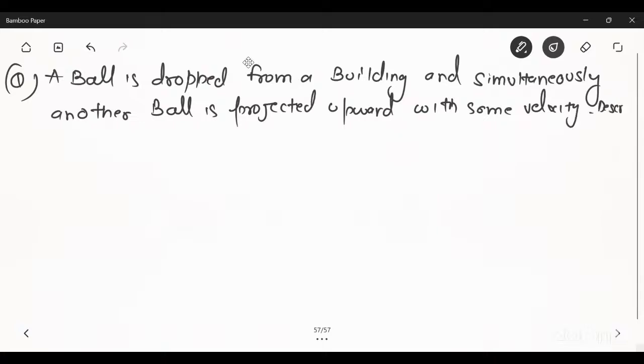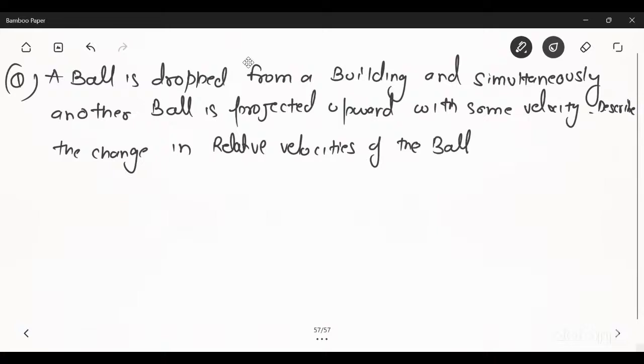Describe the change in relative velocities of the ball as a function of time.